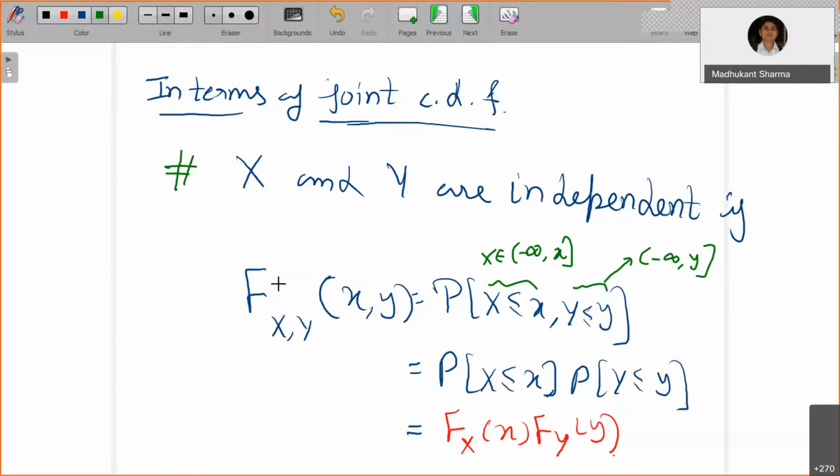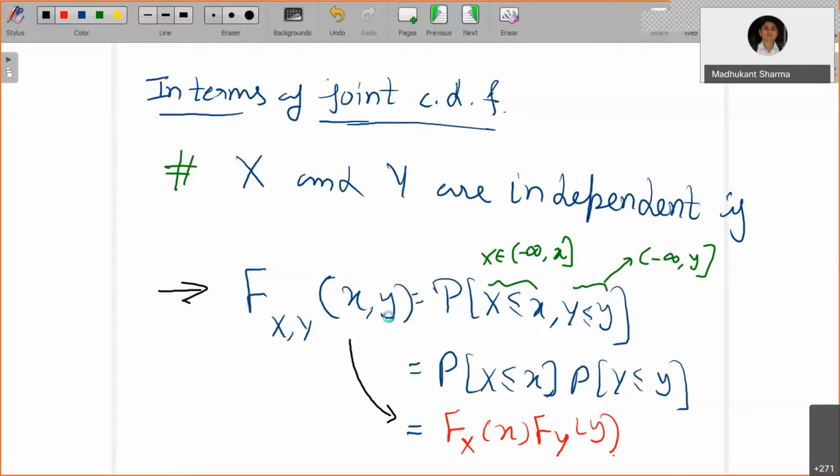If you know the joint distribution function and find that it is a product of the individual distributions, then you can certainly say that x and y are independent.